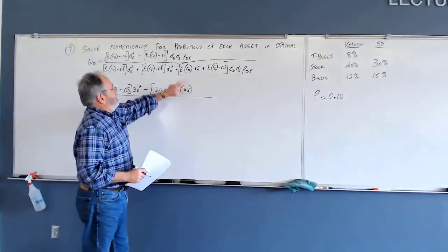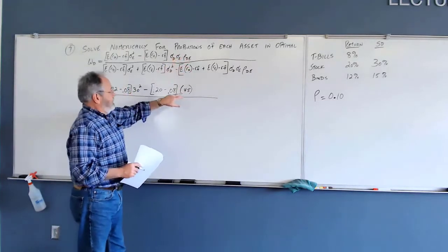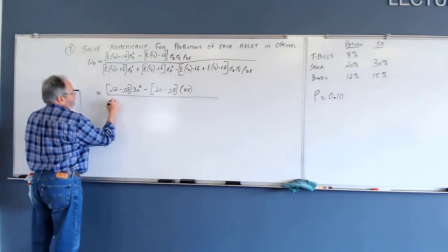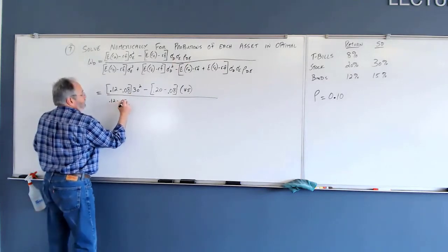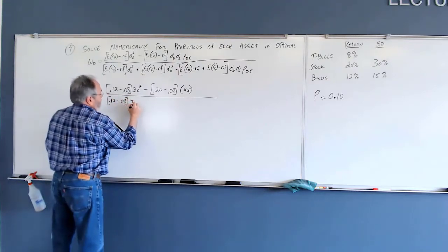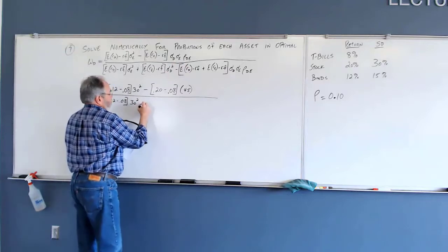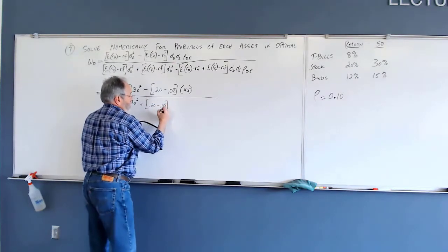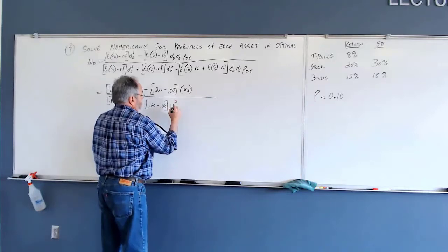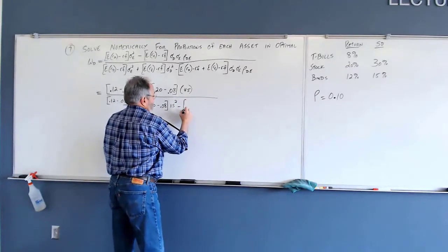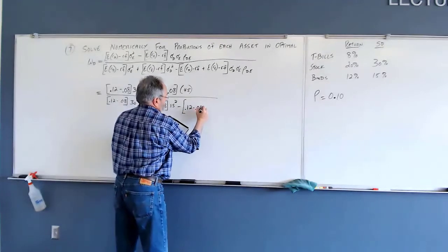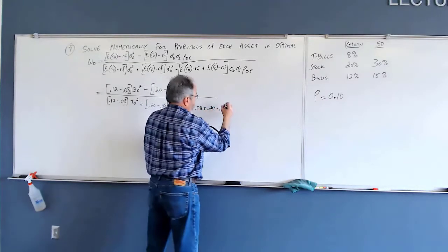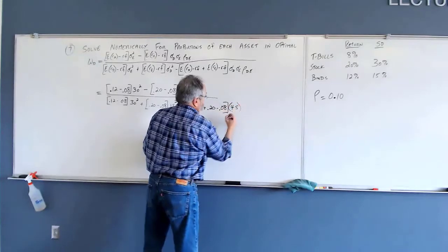Of course, we know that sigma debt, sigma equity times correlation is 45. The covariance is 45, right? Okay.